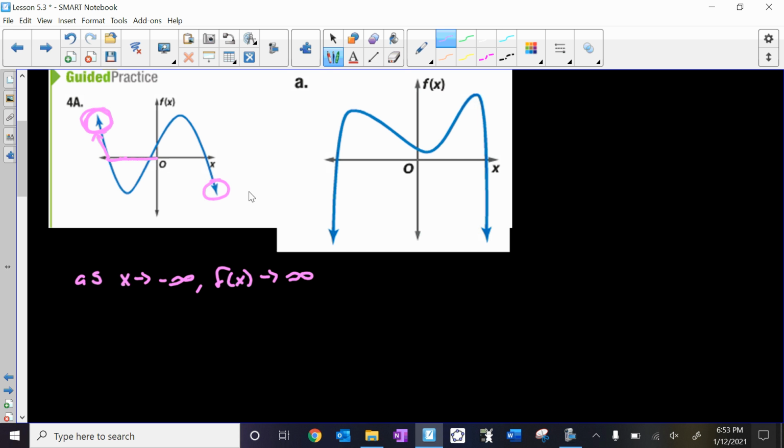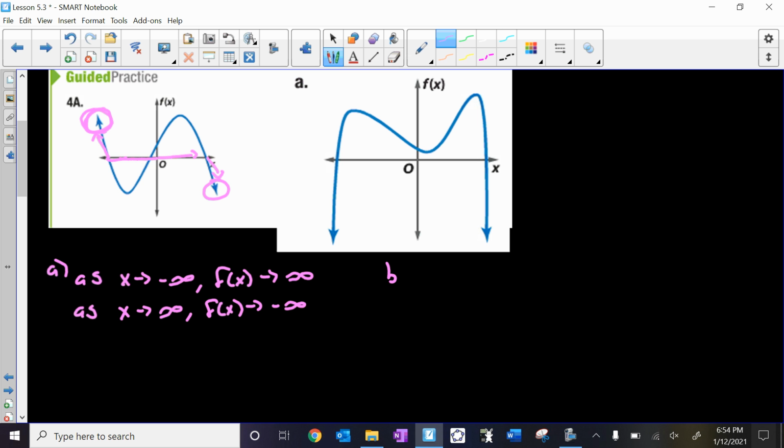To represent this side, we're going to say as x goes to positive infinity this time, because now I'm going to the right, I'm putting in positive x values, f of x, my graph now is going down, which means I need negative infinity values. This is how I would describe my end behavior.